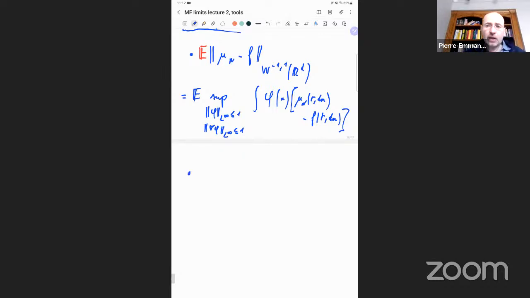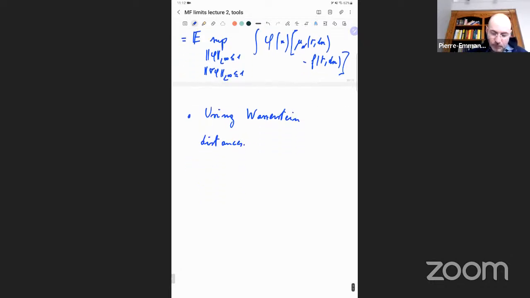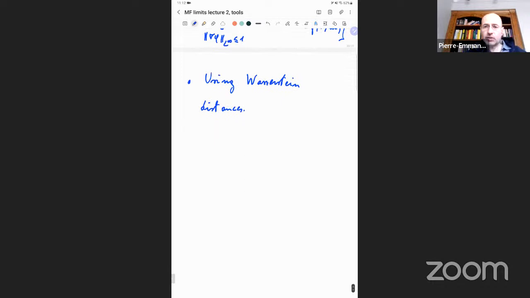There's a variant of that which consists in using Wasserstein distances. Now, Wasserstein distances are in general a more complicated type of object, right?